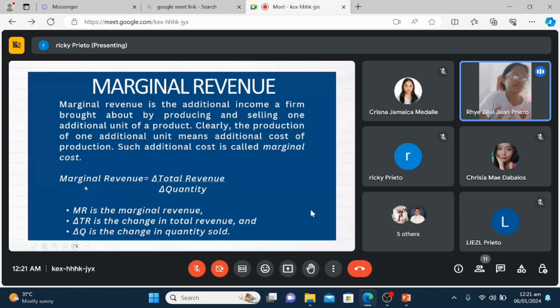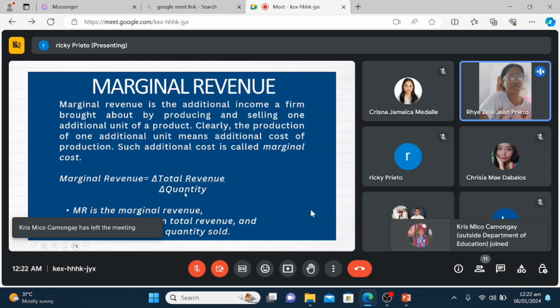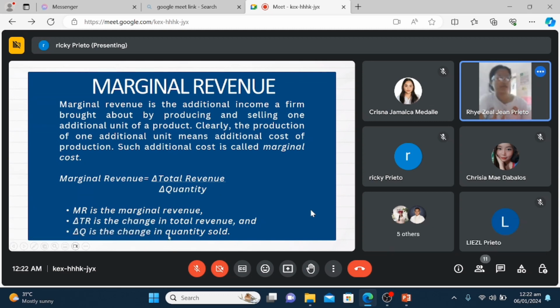So for marginal revenue, you take the change in total revenue and the change in quantity sold, and you divide them. The formula is MR, the marginal revenue, equals the change in TR, the total revenue, over the change in Q, the quantity sold. I will show it later.